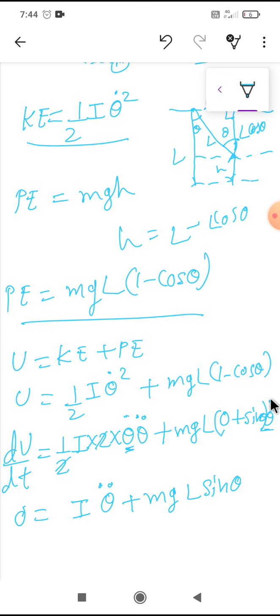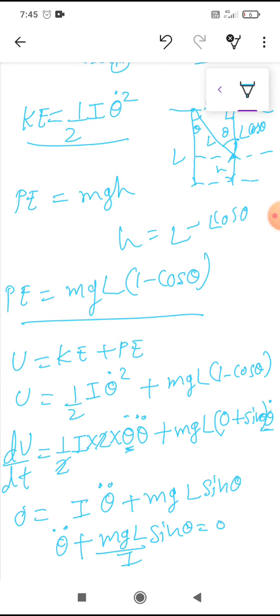So theta dot is gone. The same equation I have obtained as with the equilibrium method. Now I will divide the whole equation by I. So I will get theta double dot plus mgl upon I sin theta is equal to 0.